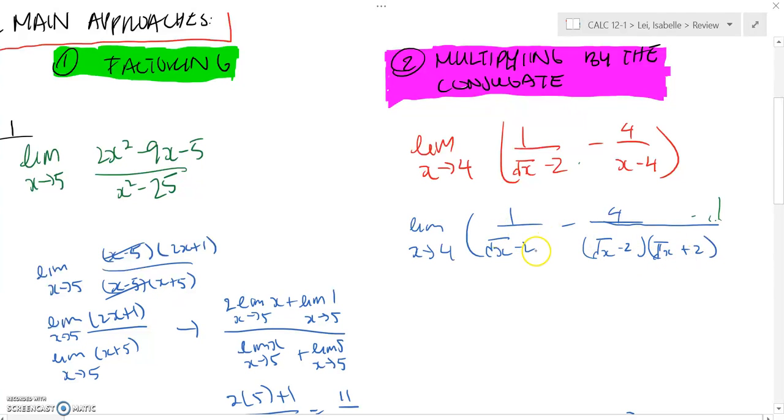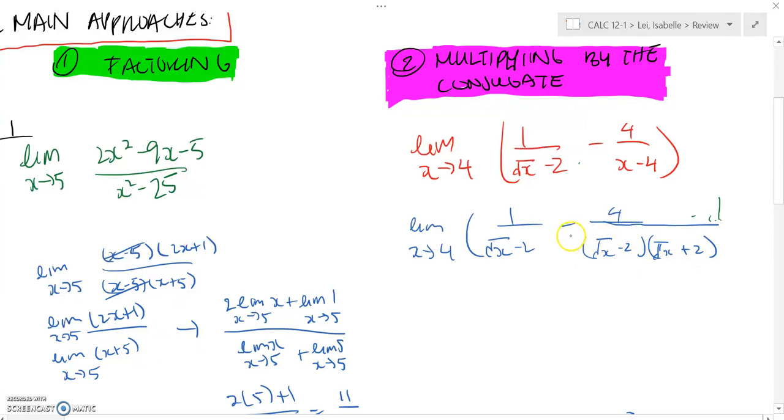So then now we have that. This isn't really multiplying by the conjugate, but it kind of involves it in a way, so you can see how it can cross out some certain things.